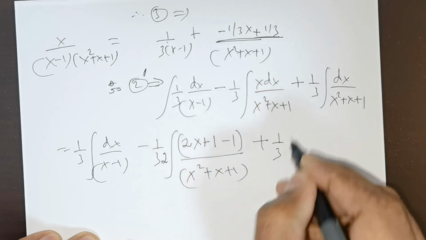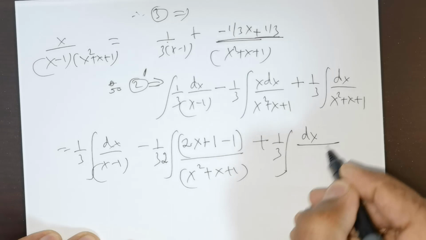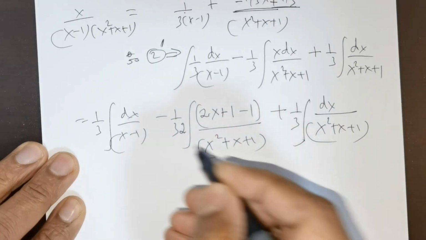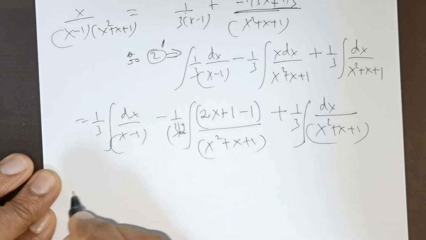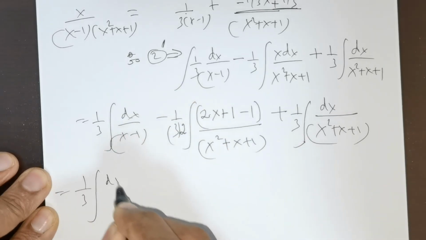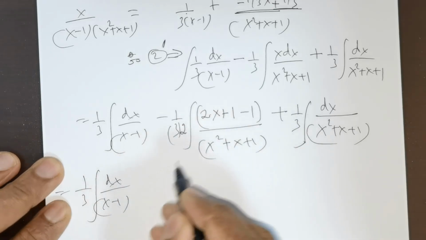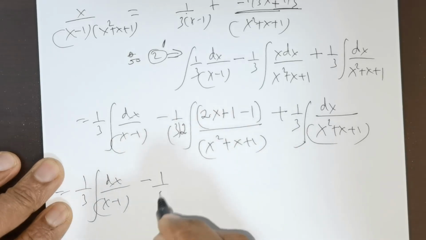So this is followed by 1 over 3 integral dx over x squared plus x plus 1. So this is what we have got. Now this can be rewritten as an integral. I'm not integrating this, I know the value, but let us be consistent. So this is going to be negative 1 over 6 times.